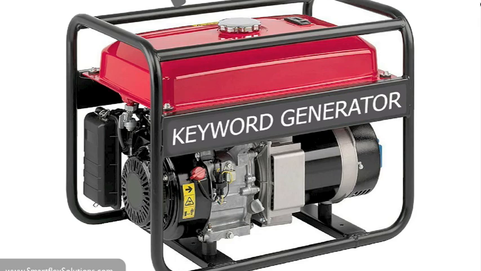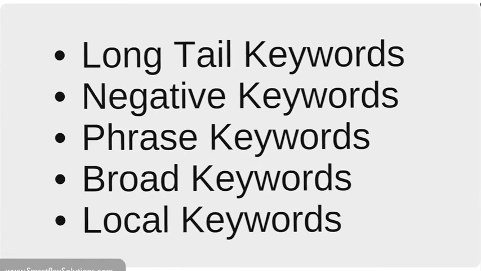There are a number of different kinds of keywords that you can use. You can use long tail keywords, which are generally phrases of 2 to 5 words that someone might be searching for. As an example, at SmartFlex Solutions, we work with a number of fitness trainers. A good long tail keyword for a fitness trainer would be information about what they do, where they do it, and how they do it.